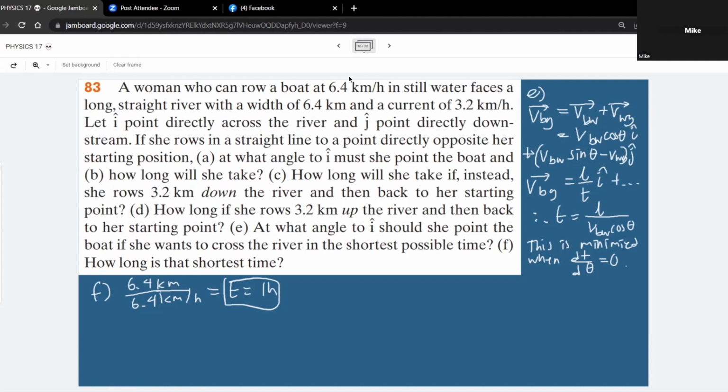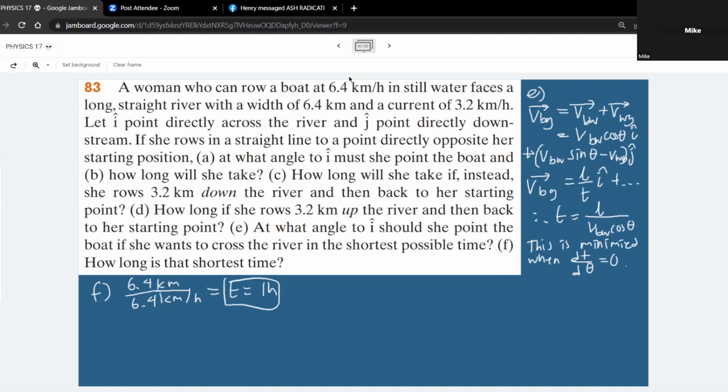Teka, sketch the system. 6.4 kilometers in still water, current of 3.2 kilometers per hour.